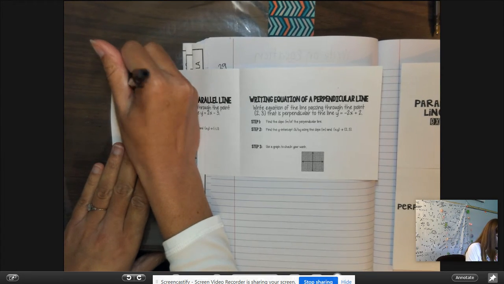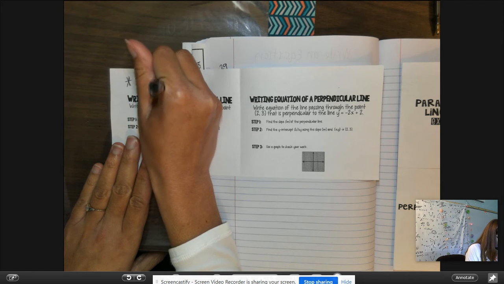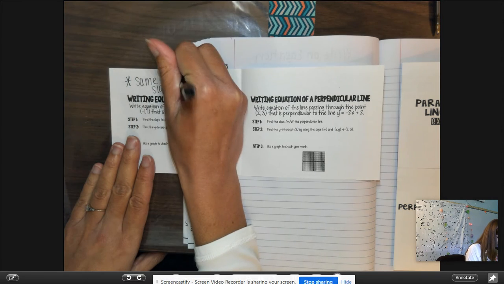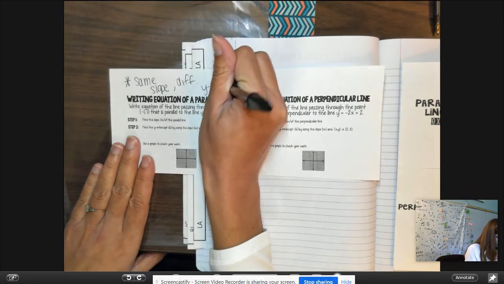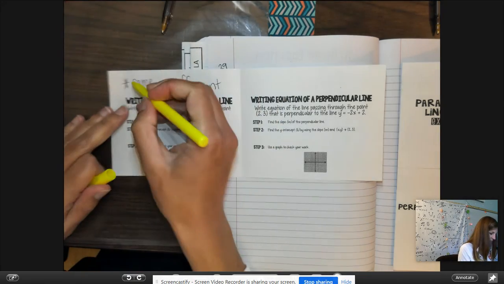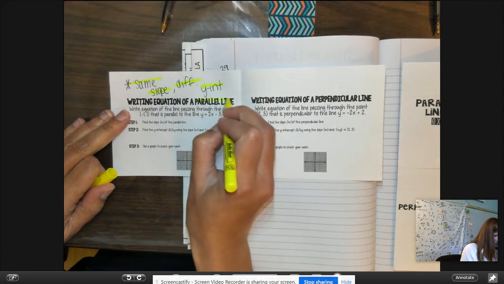So that is our big note here. Same slope, different y-intercept. That is a big deal when it comes to parallel lines.